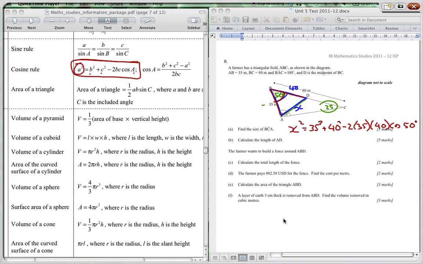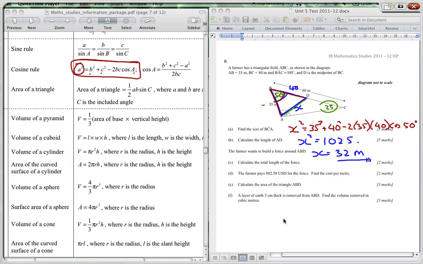So I get x squared is equal to 1025 point something, and I take the square root of that. That value x is equal to 32, and obviously it will be in meters.